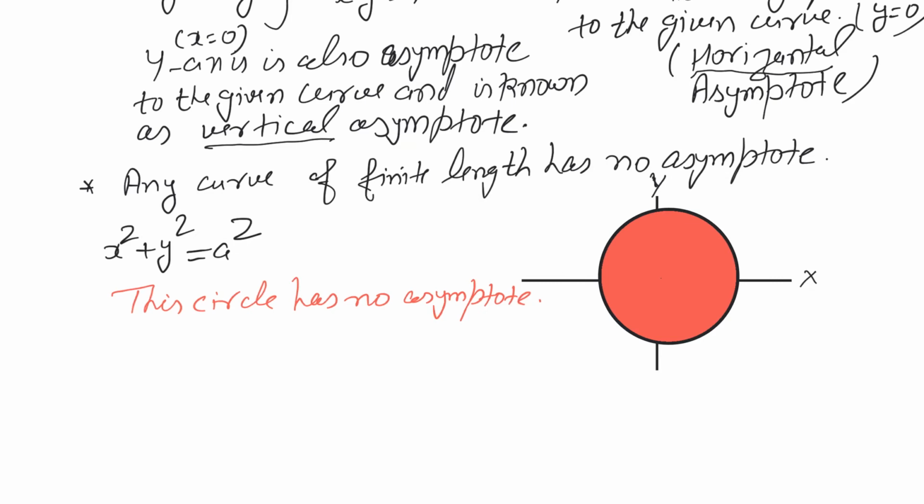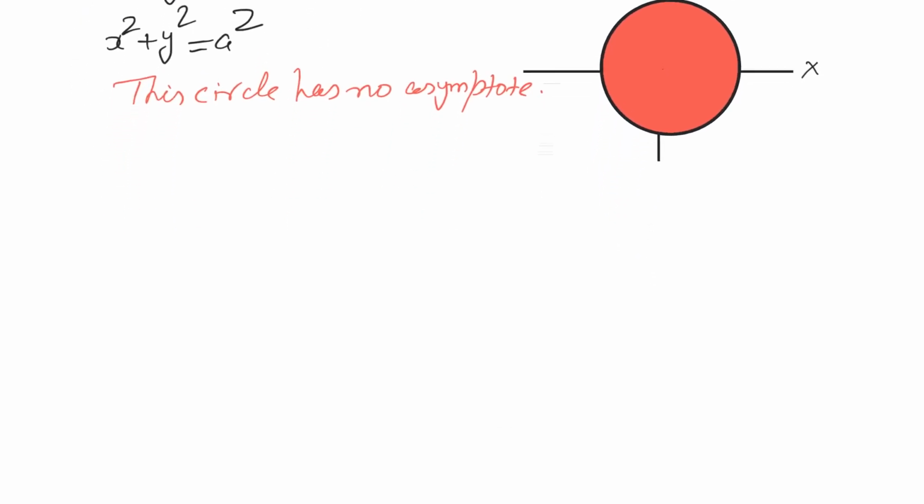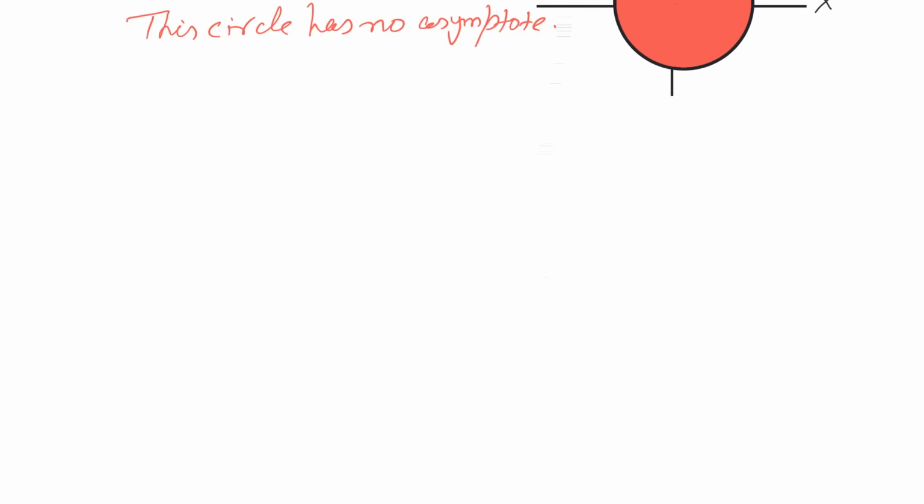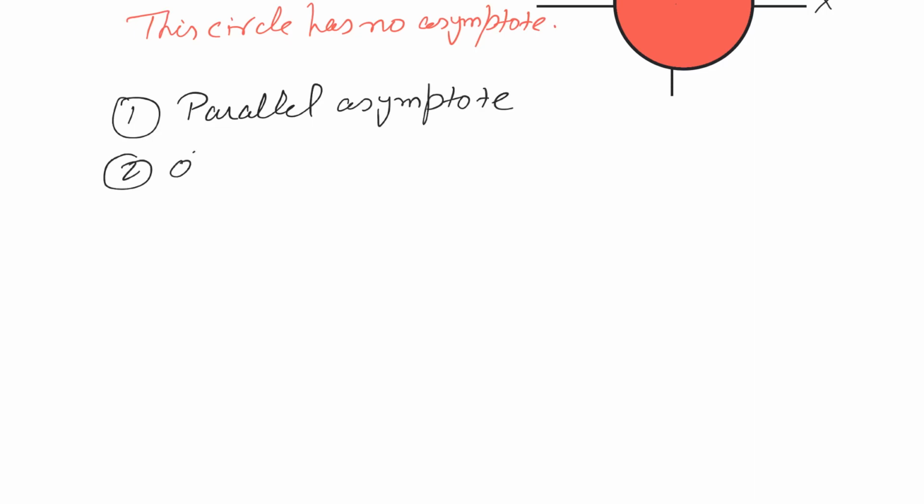Now we will study the different kinds of asymptote. We have two kinds of asymptote. Number one is parallel asymptote. Number two, oblique asymptote.